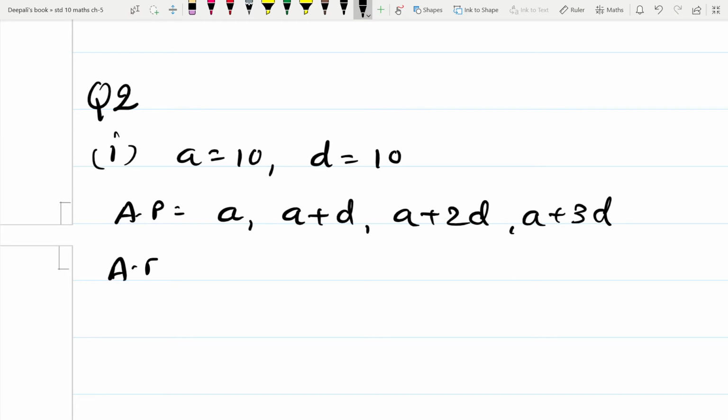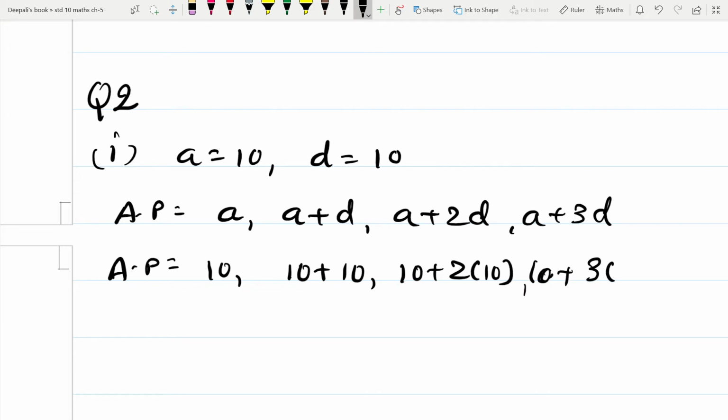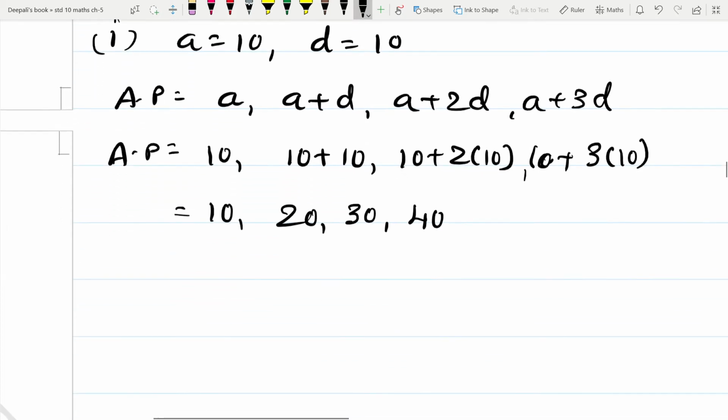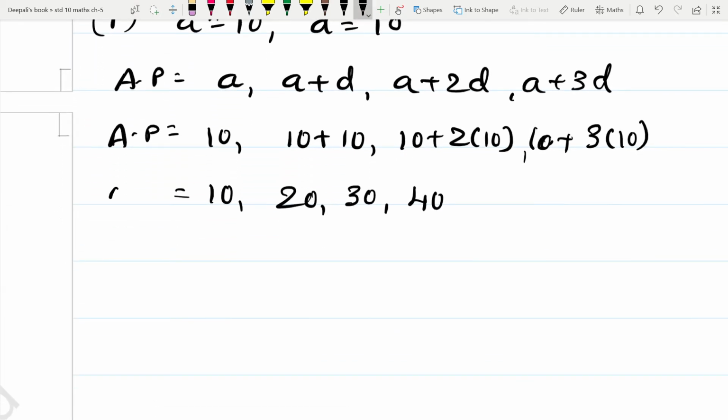So AP is equal to 10, 10 plus 10, 10 plus 2 into 10, 10 plus 3 into 10 is equal to 10, 20, 30, 40. That is my AP.